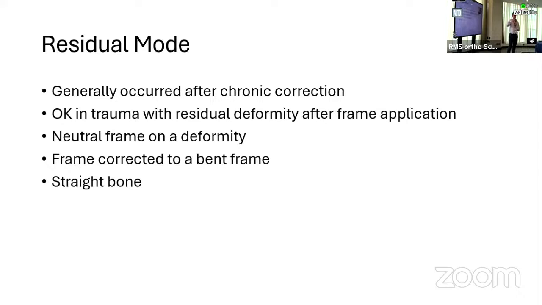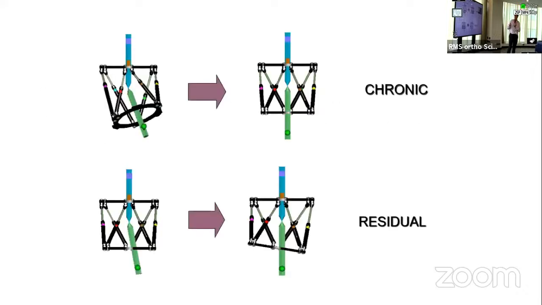Once the leg was straight, if there was any residual deformity, maybe you'd slightly overcorrected or undercorrected, then you would go back and you'd go to the residual mode. So the residual mode starts with a neutral frame with some residual deformity, and then you would run a residual program, and you'd get hopefully back to a correctly aligned leg.